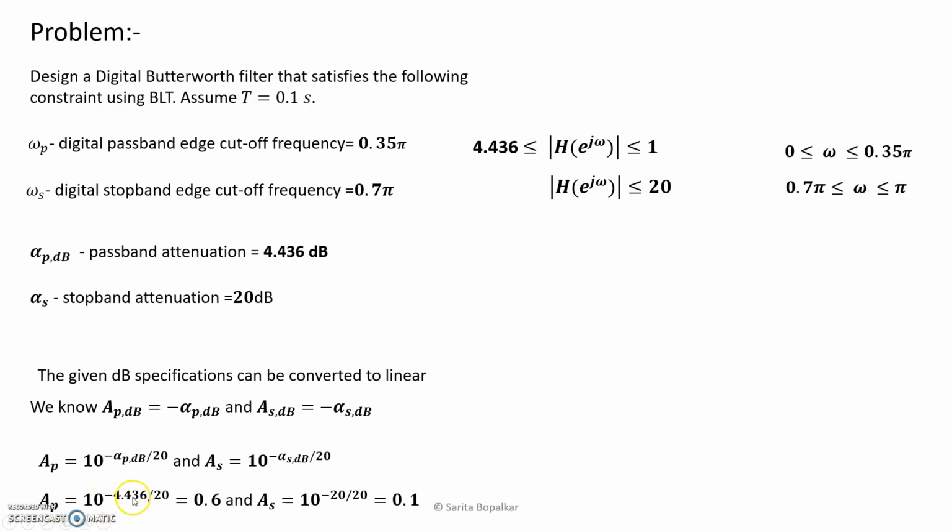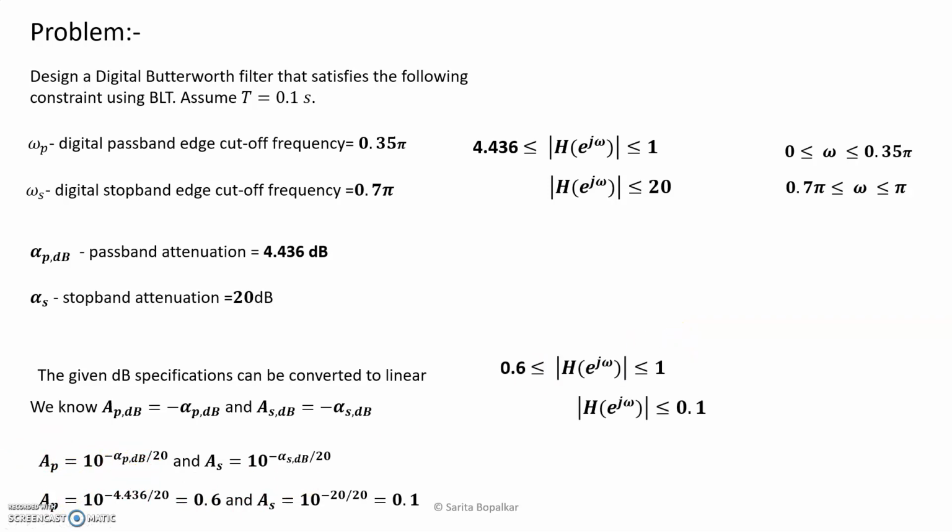AP is equal to 10 raised to minus 4.436 by 20, which is equal to 0.6, the linear passband gain at the edge frequency, and AS is 0.1, the linear stopband gain at the stopband edge frequency. Using this relation we have obtained this.